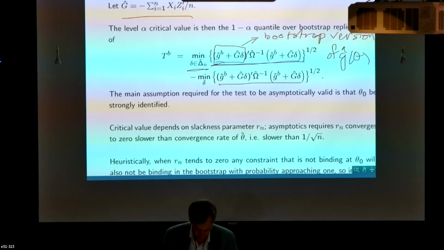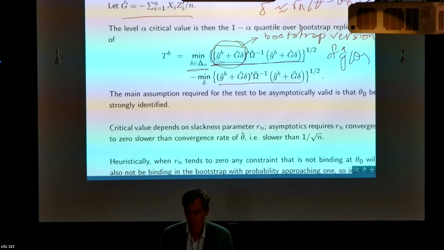Each of these here has got an n multiplying it, right? Delta, remember, delta is approximately root n times theta minus theta naught. So there's a root n there, and then there's another root n with G hat. Okay, and so that's how this is represented. This actually is a bootstrap version of n G hat, the bootstrap version.